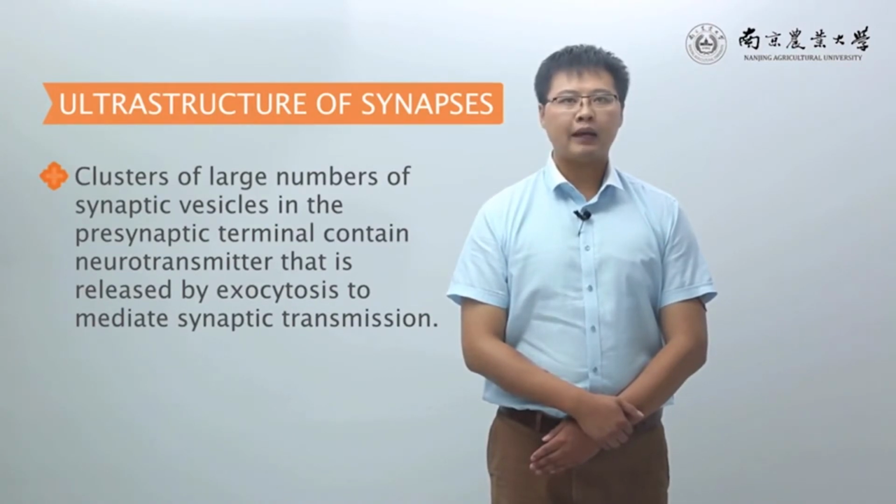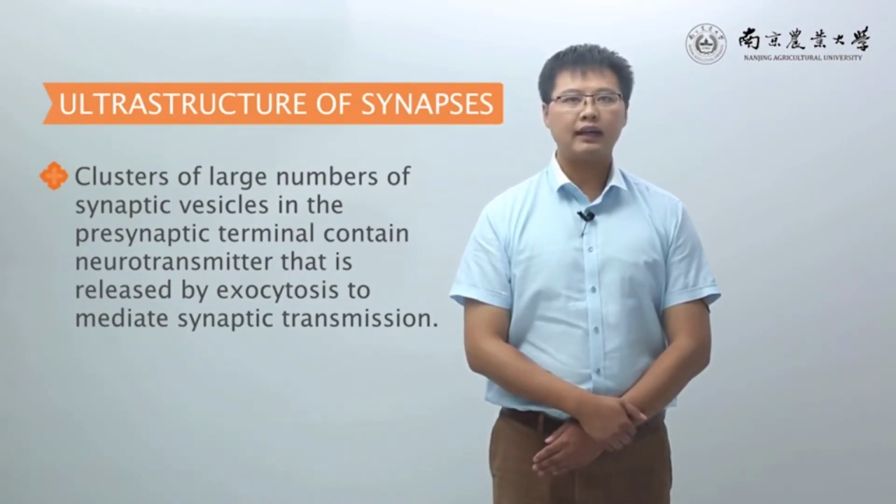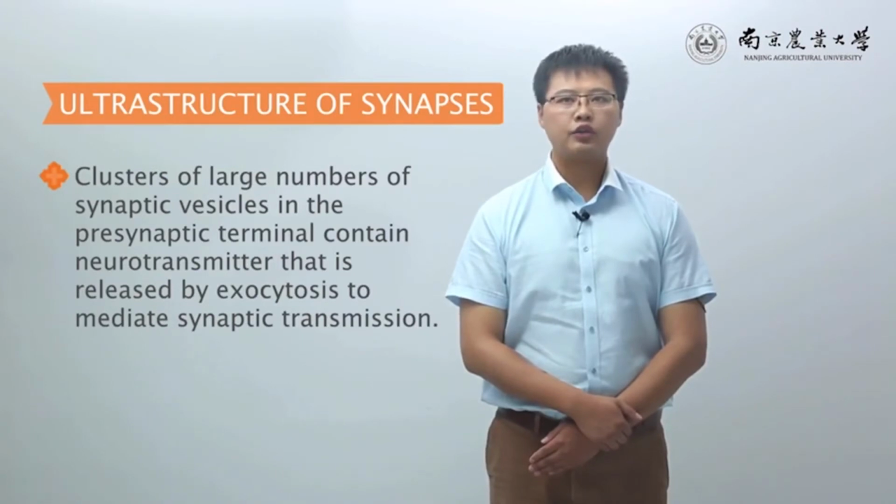By electron microscopy, synaptic vesicles are 40 to 60 nanometers in diameter and are membrane bound. Whether they have a clear center or an electron-dense core depends on the chemical nature of the neurotransmitter.